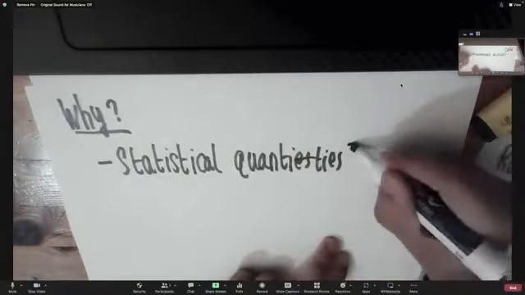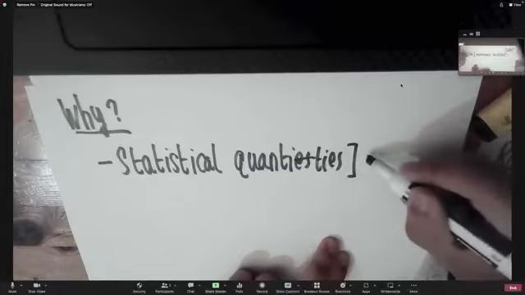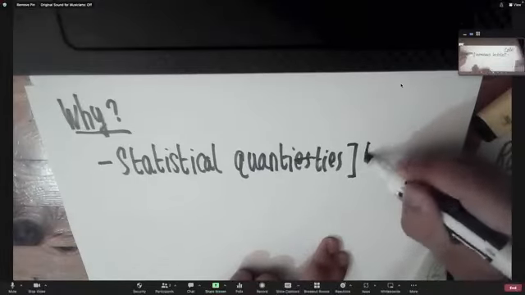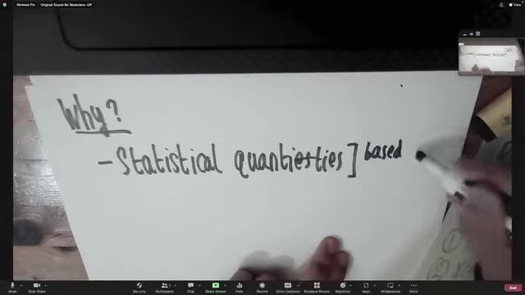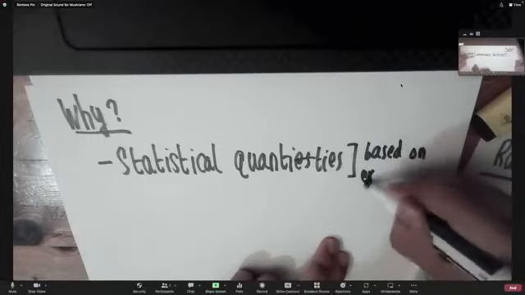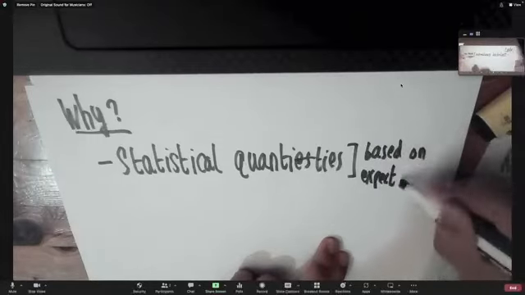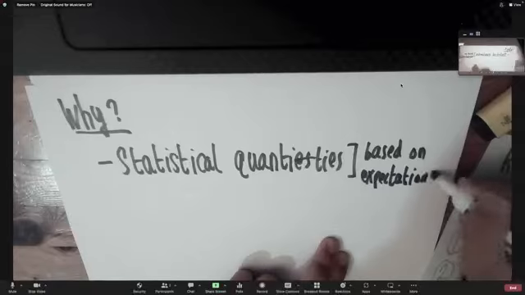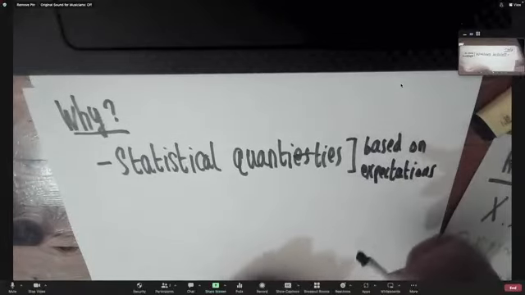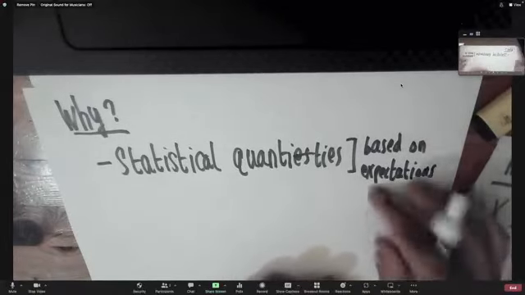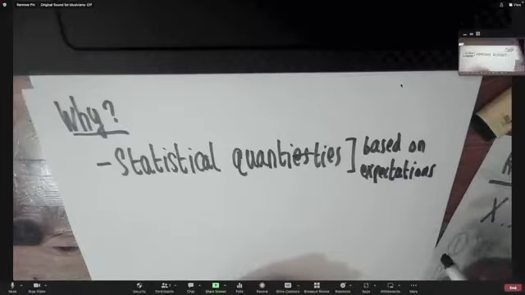Statistical quantities basically mean things that are constructed using averages, so they're based on expectations. And you may want to find a p that maybe minimizes some expectation and so forth.